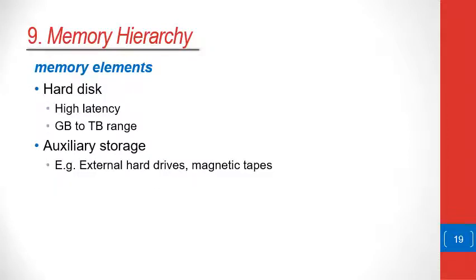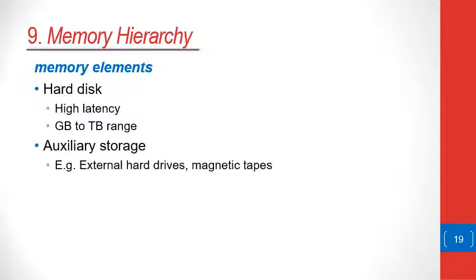And then finally, we have the two biggest categories of memory. The first one, the hard disk, has very high latency compared to the other types of memory which we have talked about, because it's mechanical in the way it operates, as you would have seen in the previous section.